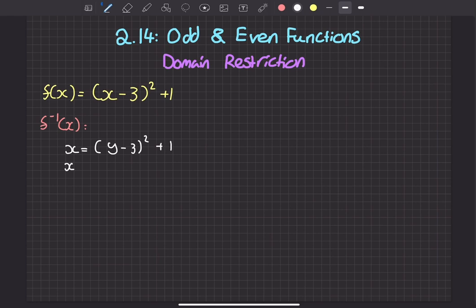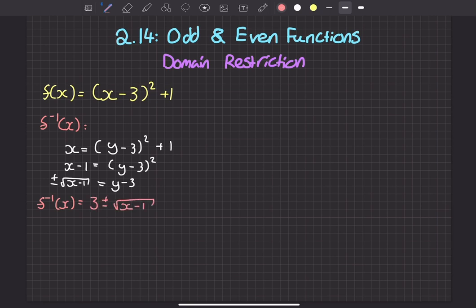First, move the plus 1 across, so x minus 1 equals y minus 3 squared. And now we root both sides. So we have root x minus 1 equals y minus 3. But this root x minus 1 here can either be positive or negative, right? Because either minus x minus 1 squared will become y minus 3.